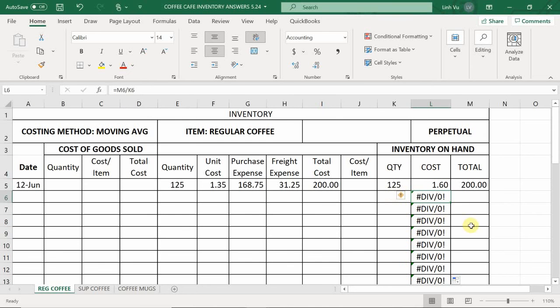Okay, so right now it says that we don't have anything there. That's fine because as we go through each stage, whether we're purchasing or selling an item, we're going to constantly be recalculating this amount. So right now, we have $1.60 if we decide to sell our coffee. Okay.